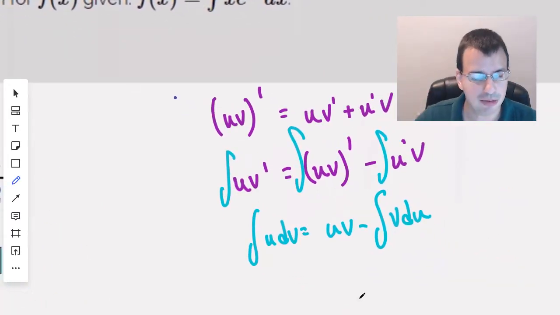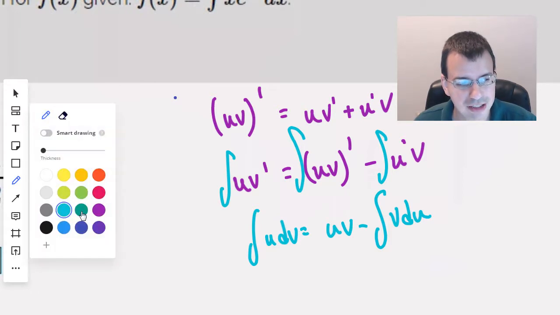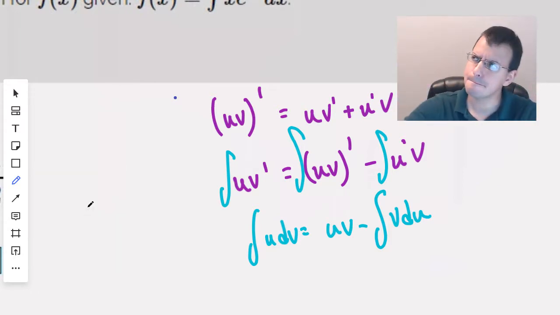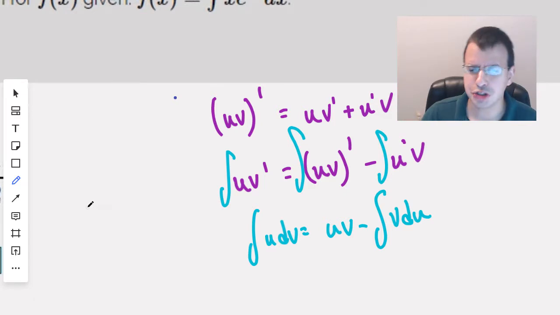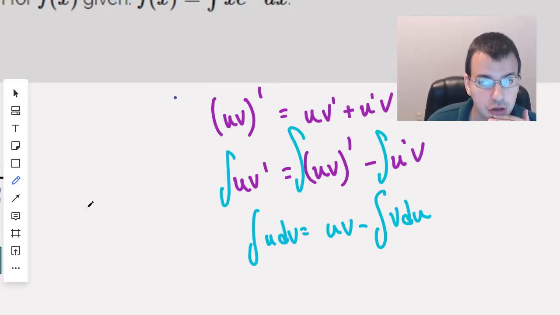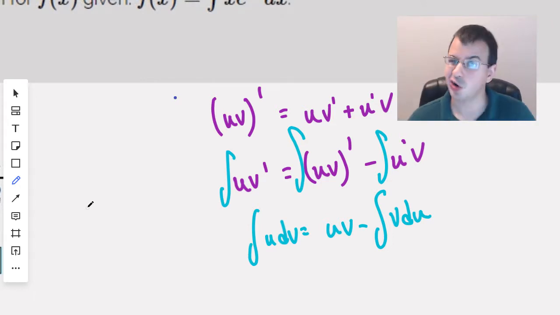And this is the formula for integration by parts. Now the next thing to remember for integration by parts is you want to know what to choose for u and what to choose for dv. So you usually want to choose the thing for u that'll disappear, the thing that'll go away.